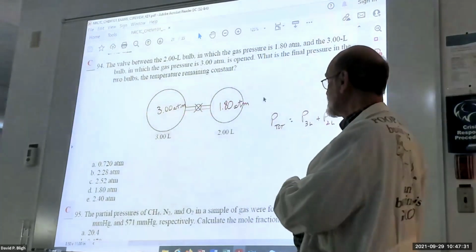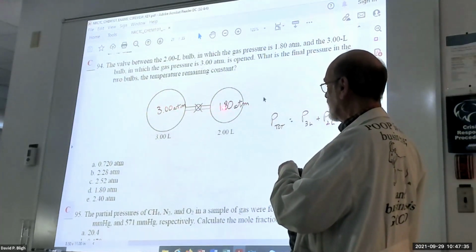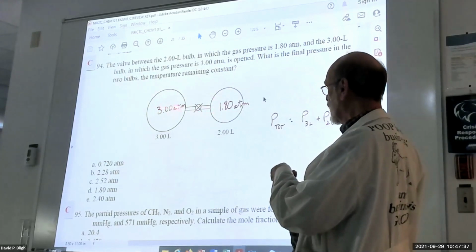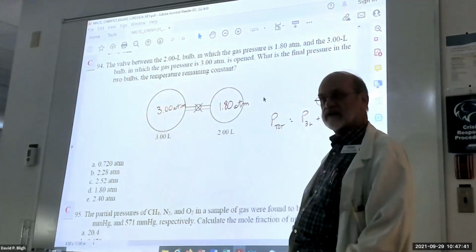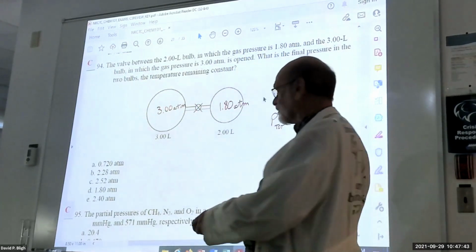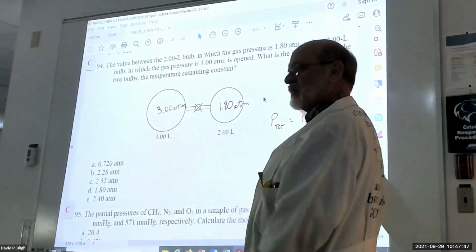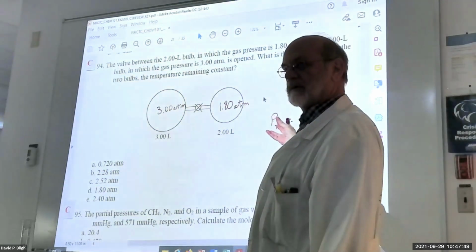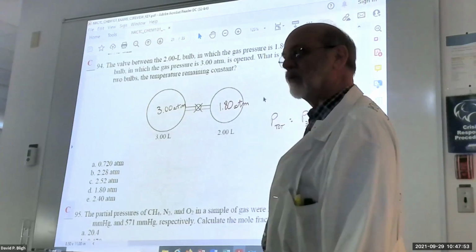Do the same thing for this one, treat that one as a vacuum. Then this one produces a partial pressure in both of the bulbs. Then we add those two together and we get the final pressure. Now, how do I know that this works? Because this experiment has been done in the lab, and the measurement's been made and confirmed that, yeah, it works.